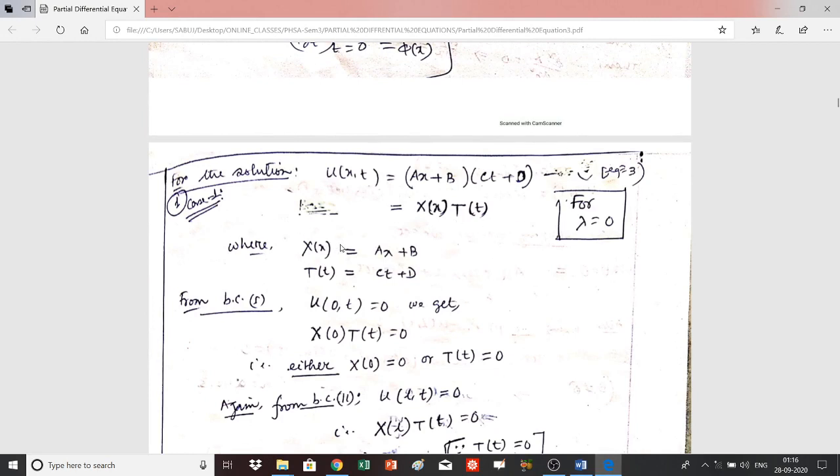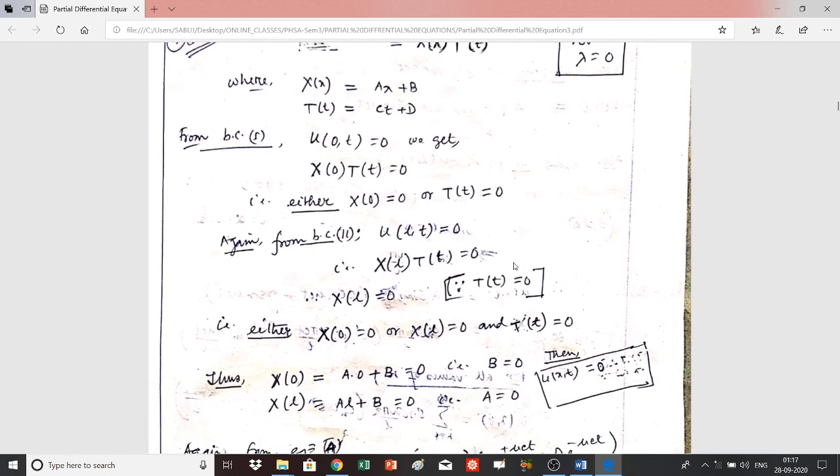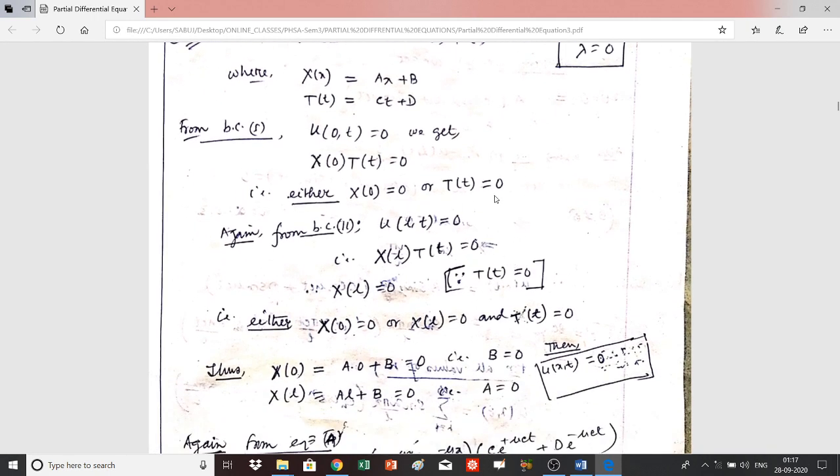We already know X and T. Now from boundary condition number 1, u(0,t) = 0, for x equal to 0 we get X(0) T(t) equal to 0, and from here either X(0) is 0 or T(t) is equal to 0. It can be easily understood.